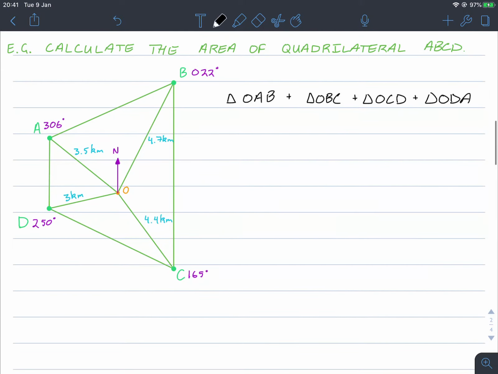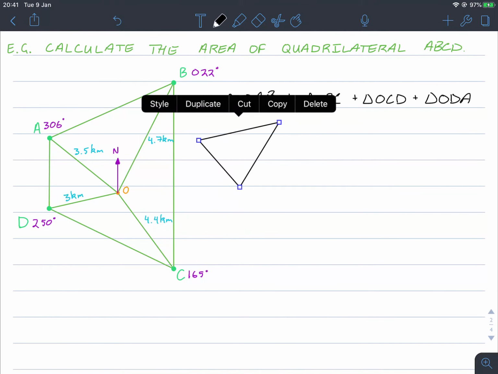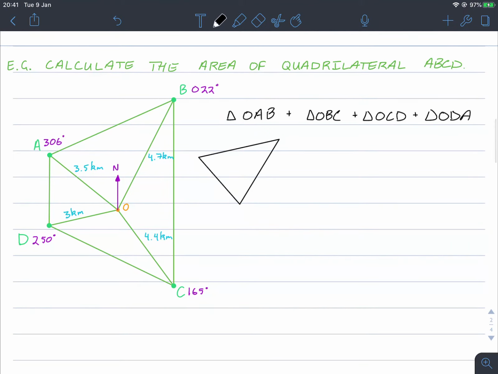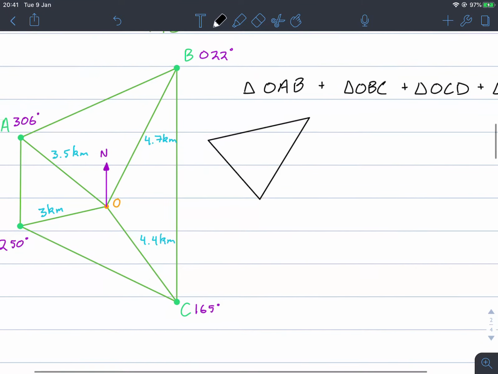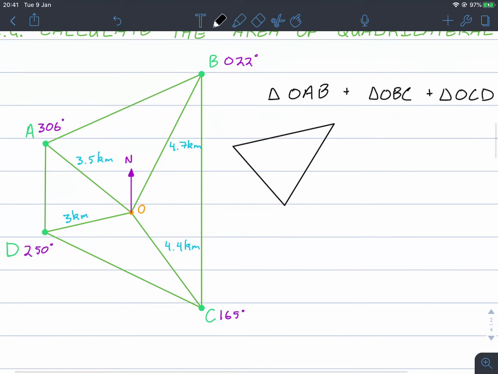I'm going to do little mini diagrams like this to help me visualize what I'm trying to draw. We have triangle OAB first, so this is the first one I'm going to calculate. I know that that's 3.5 and this is 4.7.